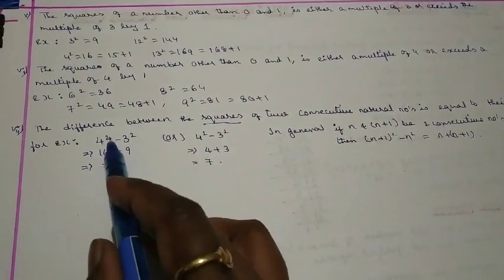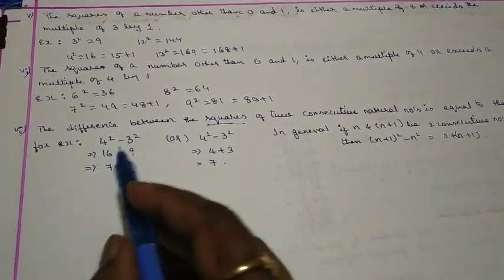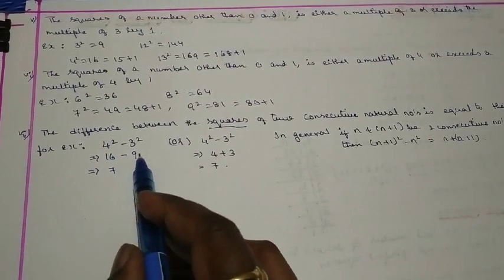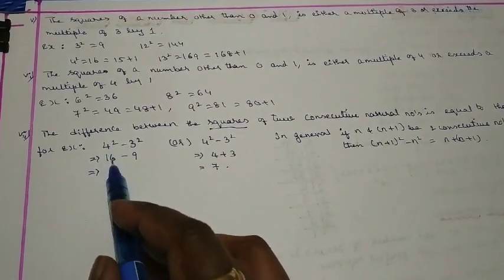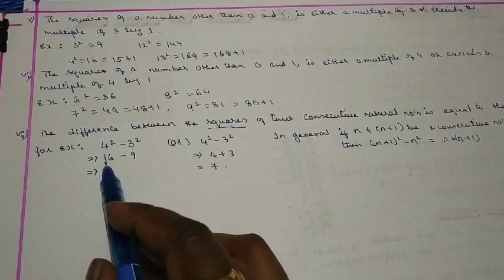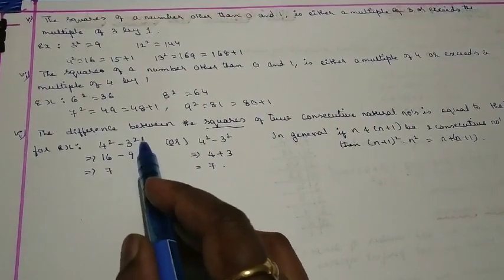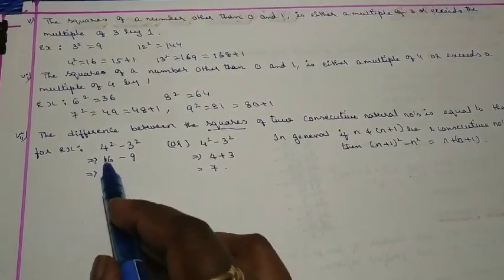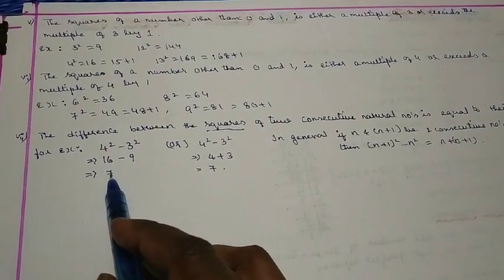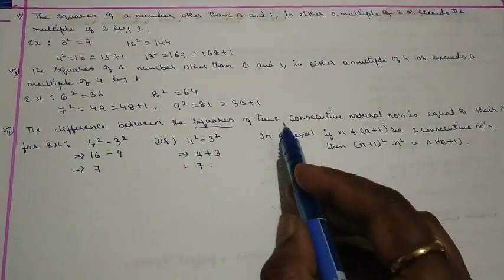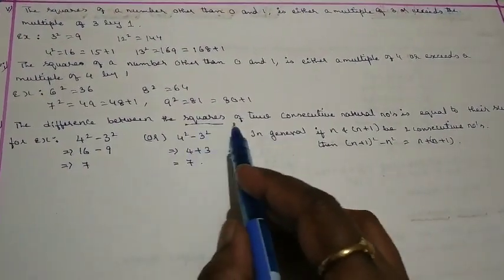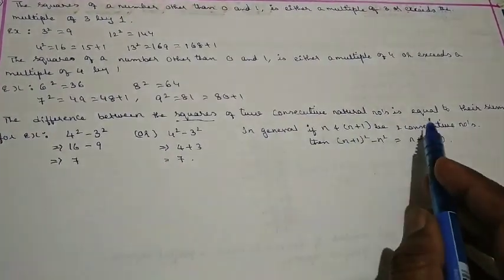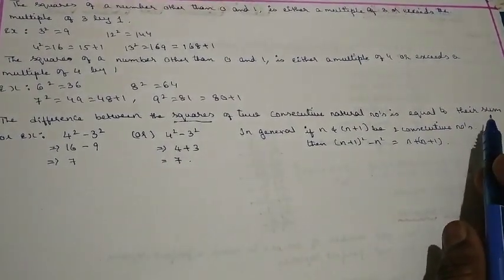So 4 square minus 3 square can be written as 16 minus 9, because 4 square is nothing but 16, that is 4 into 4 is 16. 3 square is nothing but 3 into 3, which is 9. 16 minus 9 is 7. But here the statement says that the difference between the squares of two consecutive natural numbers is equal to their sum.